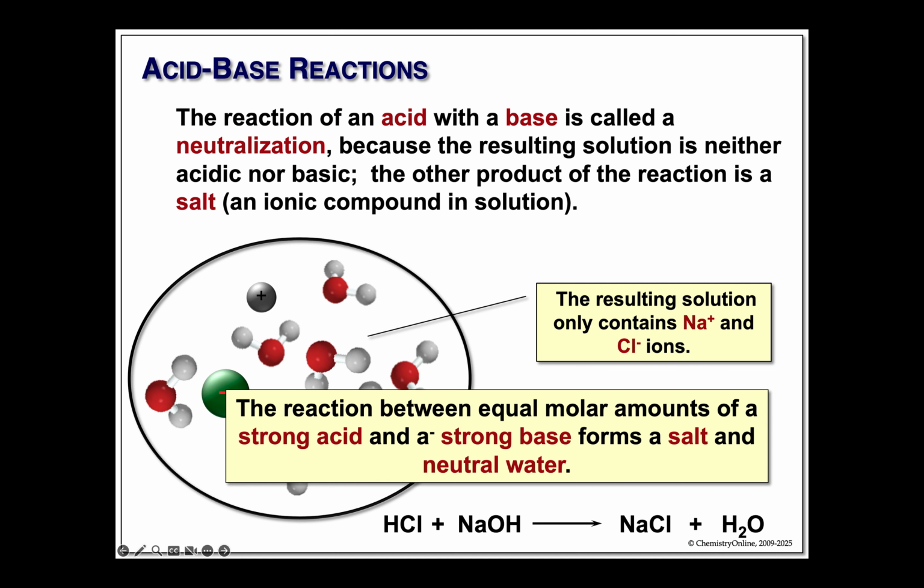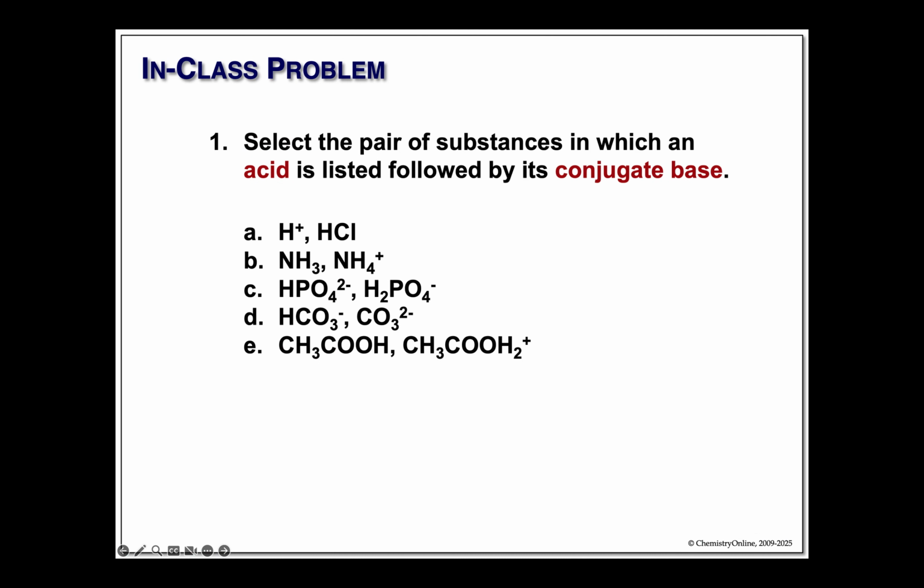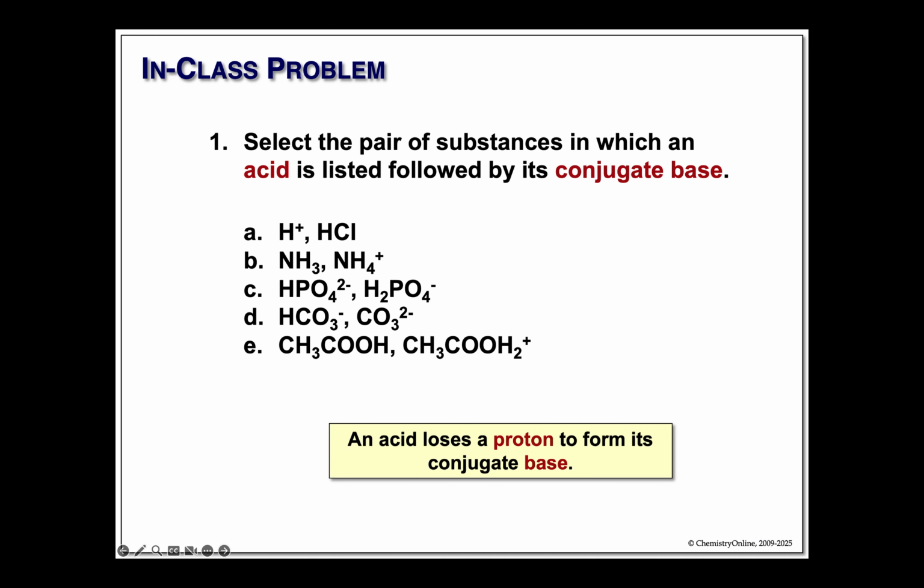Well, let's look at some old exam questions. Select the pair of substances in which the acid is followed by its conjugate base. Now remember, the acid is going to lose the proton, and the leftovers are the conjugate base.